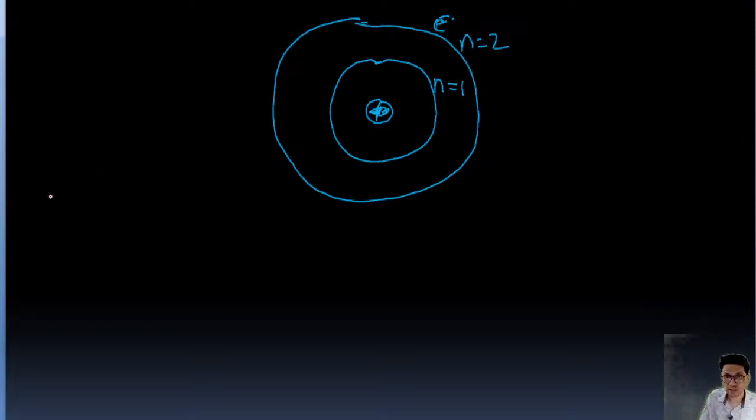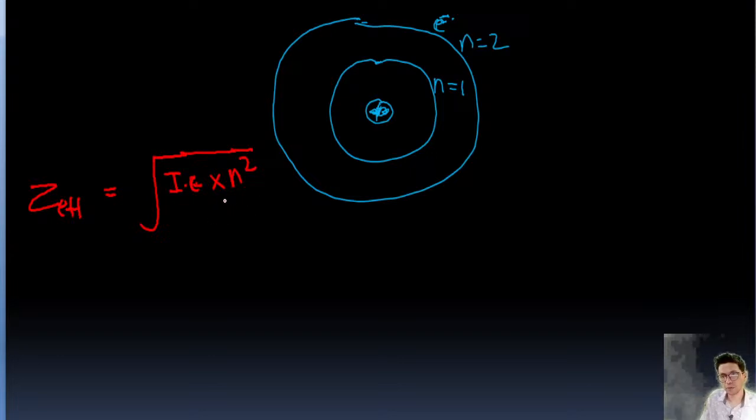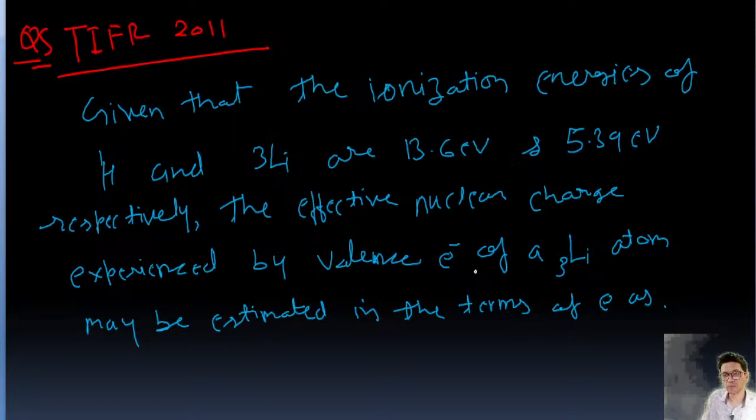The formula is Z effective equal to the square root of the ionization energy of lithium into n square, where n is the energy level, upon 13.6, the ionization energy of hydrogen.